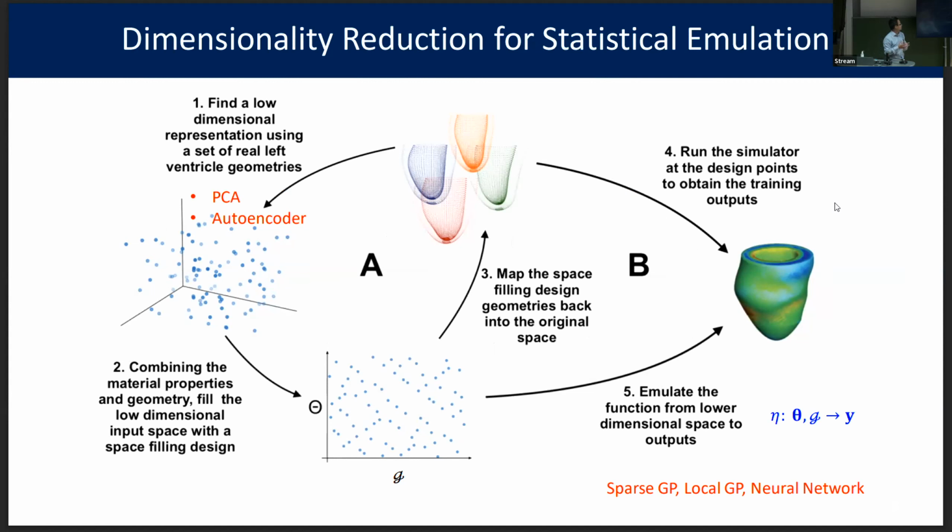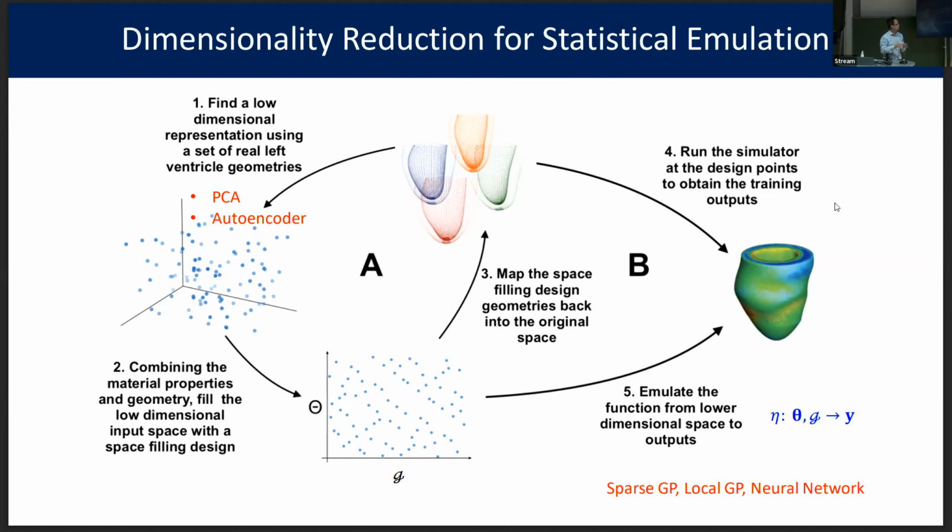After this, we can combine the material properties with the low-dimensional representations of the geometry, and using a space-filling design approach, we can design a test set which combines the geometry and the parameters. Then we map the space-filling design geometries back into the real geometry space, and run the simulations in the 4th step. That gives us enough data, which can be used to train the emulators.